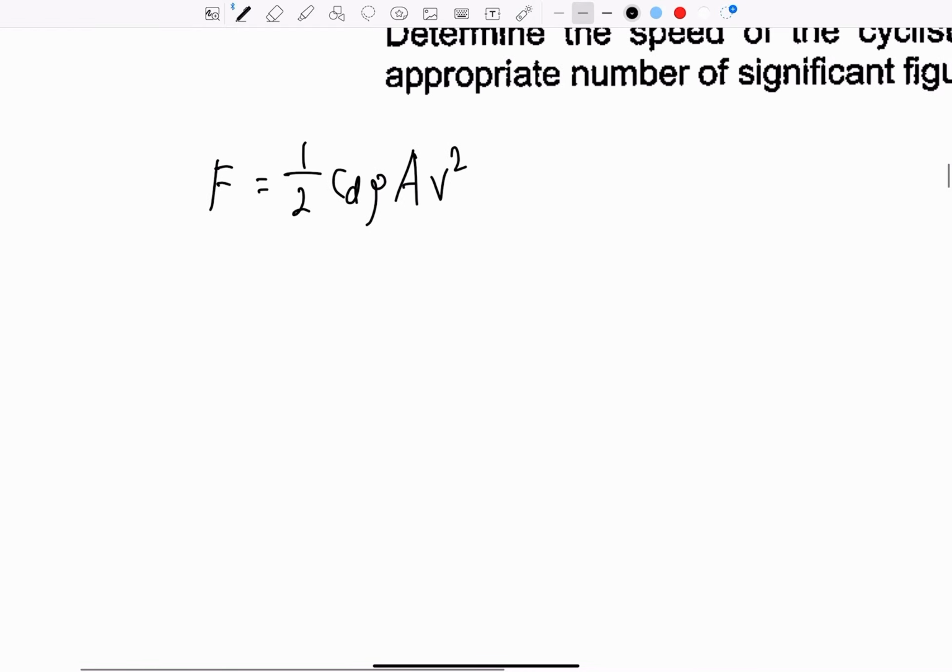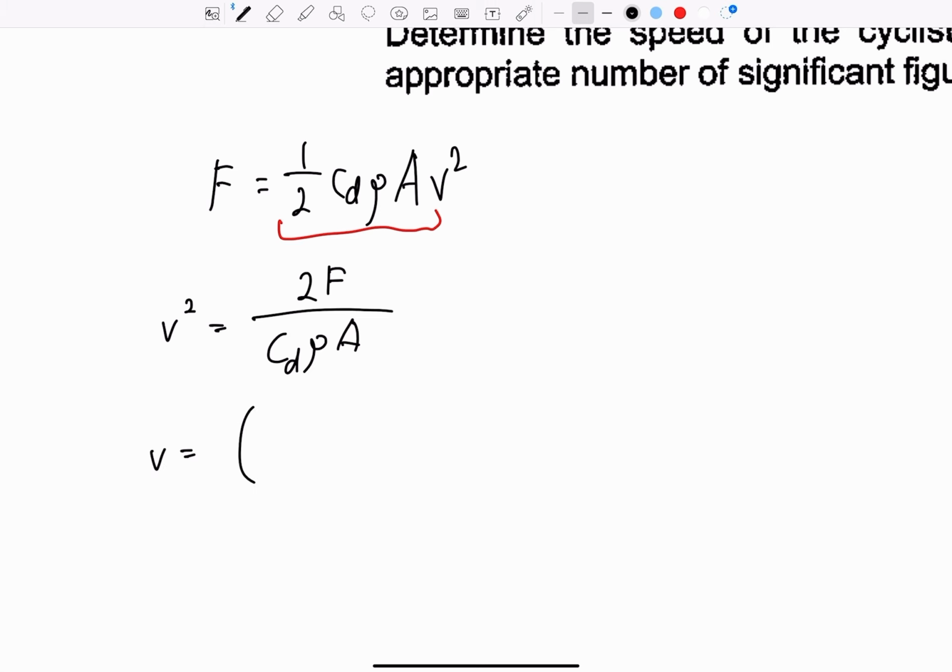So we'll move everything here to the other side. V squared would equal 2F over c density A. V equals 2F over c density A, to the power of 1 over 2.